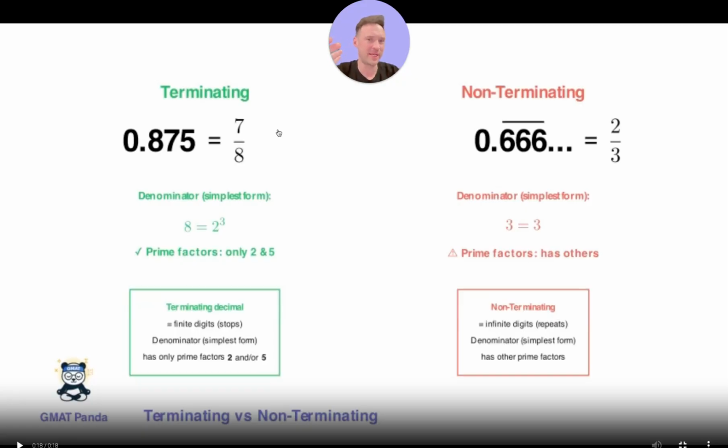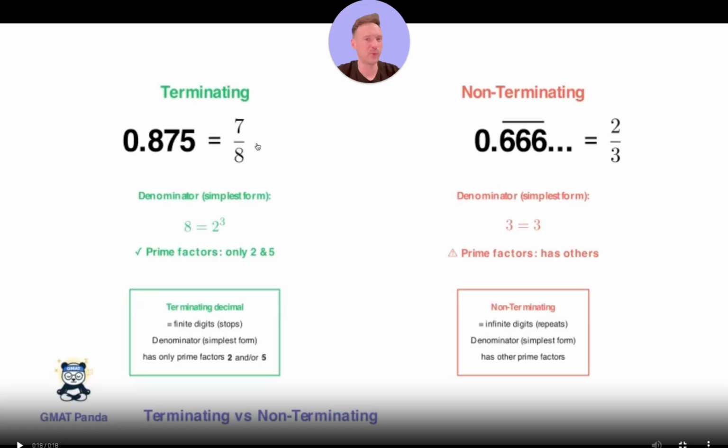The key thing to remember is what differentiates a terminating and a non-terminating decimal comes from the factors in its denominator, and in particular the prime factors. So this is jumping a little bit ahead. We're going to see factors and prime factors at some point in this course.